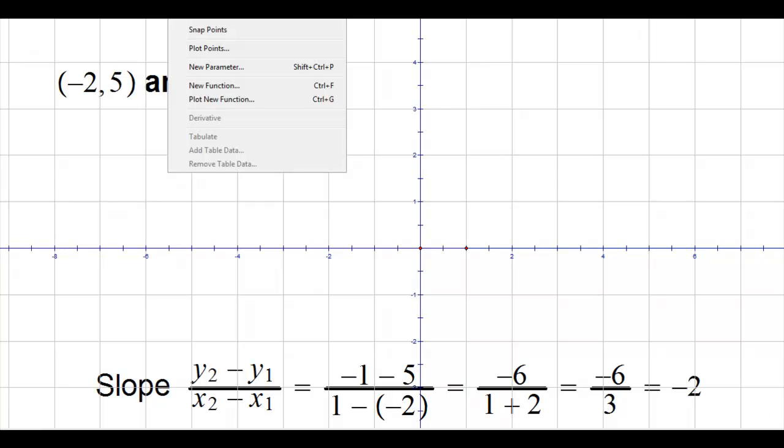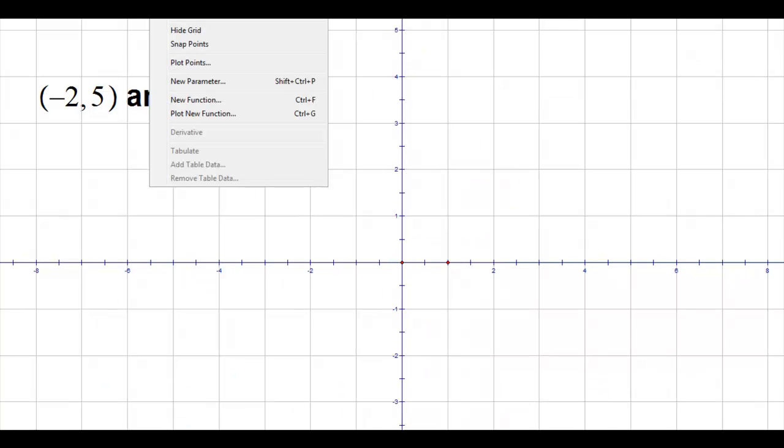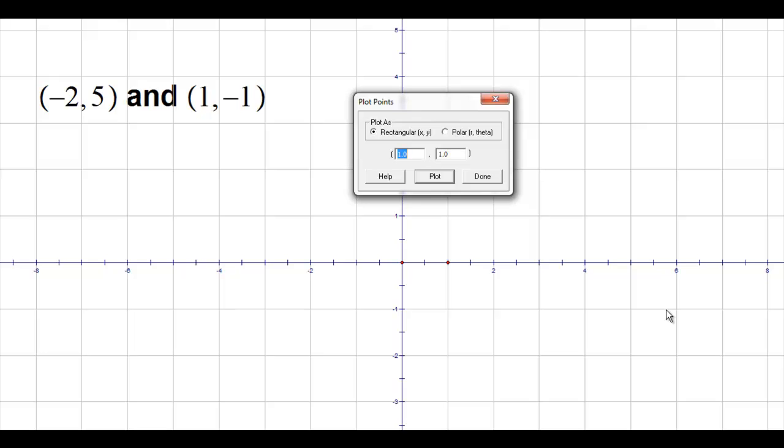Just for the sake of curiosity, let's go ahead and plot these 2 points. The first point is negative 2, 5. We plot it, and then the other one is 1, negative 1.